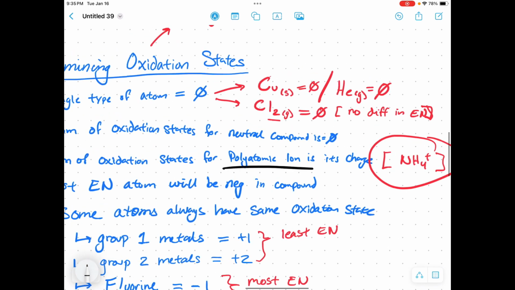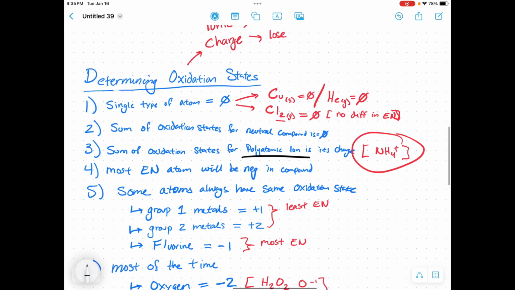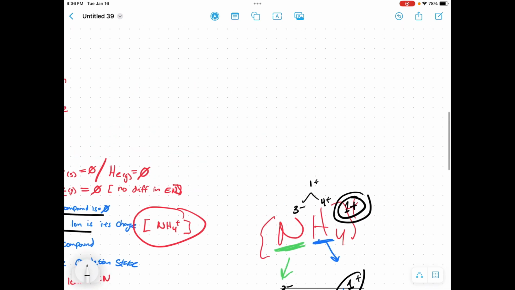So that's what's going to happen for polyatomic ions. When I add everything up, it'll have whatever charge it should have. When we talk about neutral compounds, if I have something like CO2, well, there is no charge here. So when I add up carbon and oxygen's oxidation states, it should have no charge.